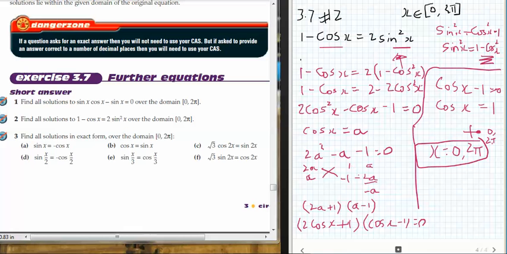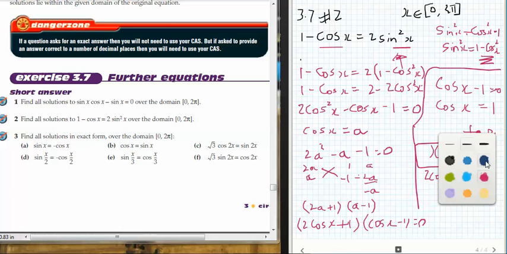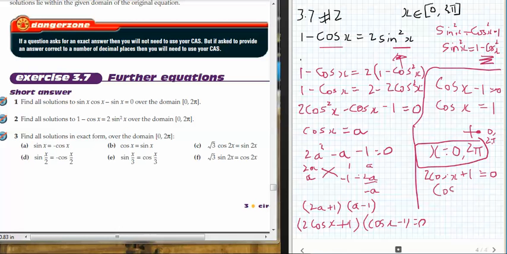If 2 cos of x plus 1 equals 0, that means cos of x equals negative a half.